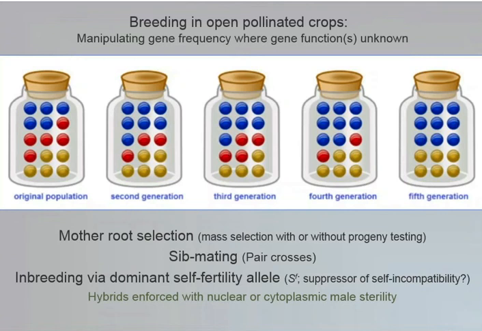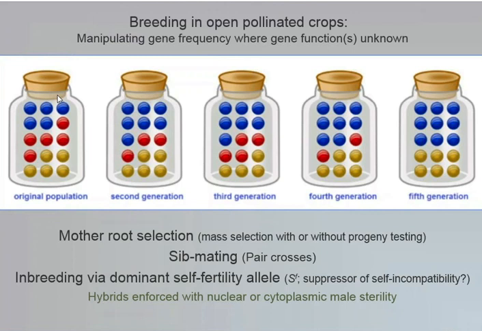Okay, so breeding in open pollinated crops is a different bear than breeding in self-pollinated crops. And the game is to manipulate gene frequency, where the gene functions are known particularly. And of course, that's where we'd like to move to, is to know what all these genes might be doing, so we could simultaneously select for them all.